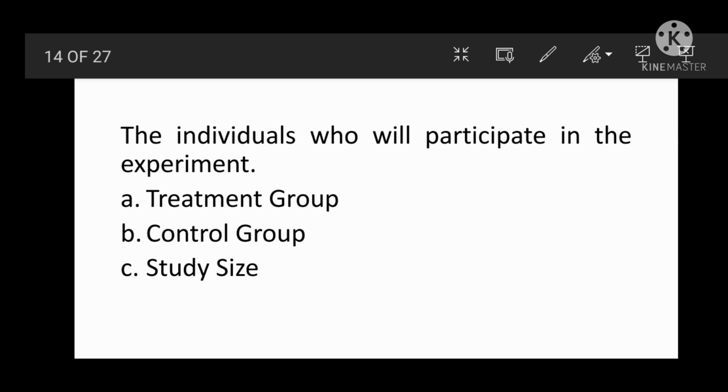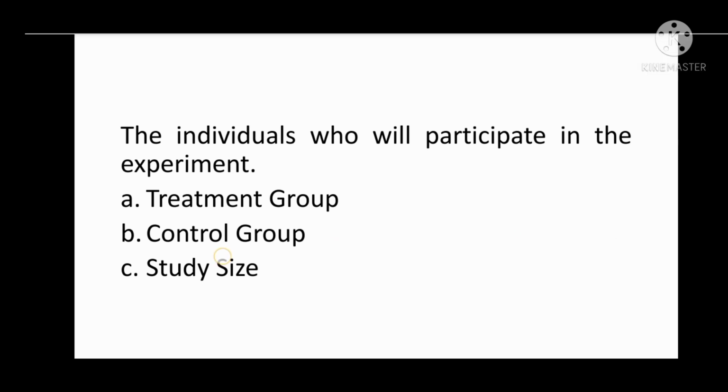So, for example, you have 57 grade 9 students. That will be the total population of the grade 9. So, you will do random sampling to get 20 students with the same characteristics that will be useful in your study. So, that 20 students will be known as the size of your study. Next statement.